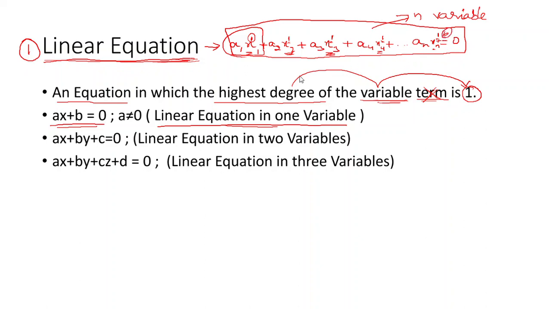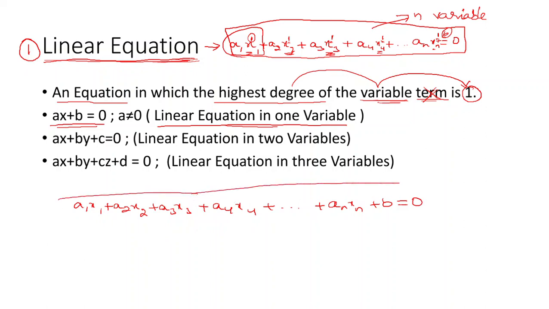Let me write this here: a1x1 plus a2x2 plus a3x3 plus a4x4 plus and so on plus anxn plus b is equal to 0.